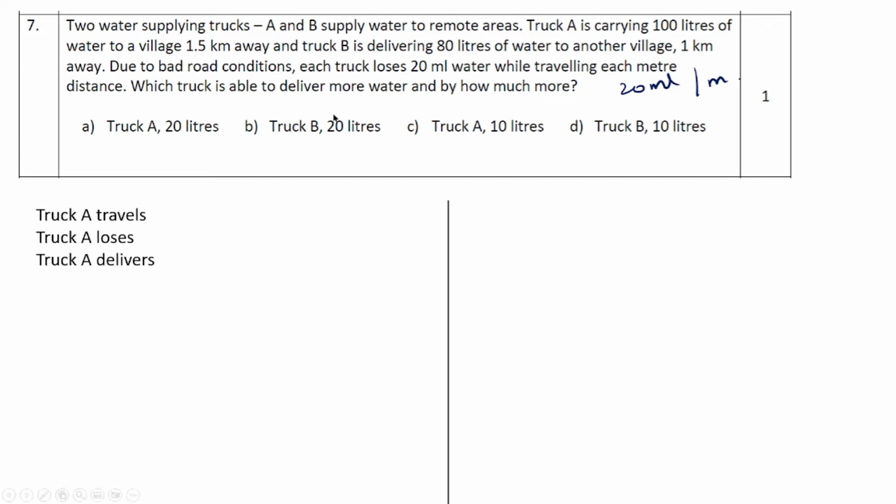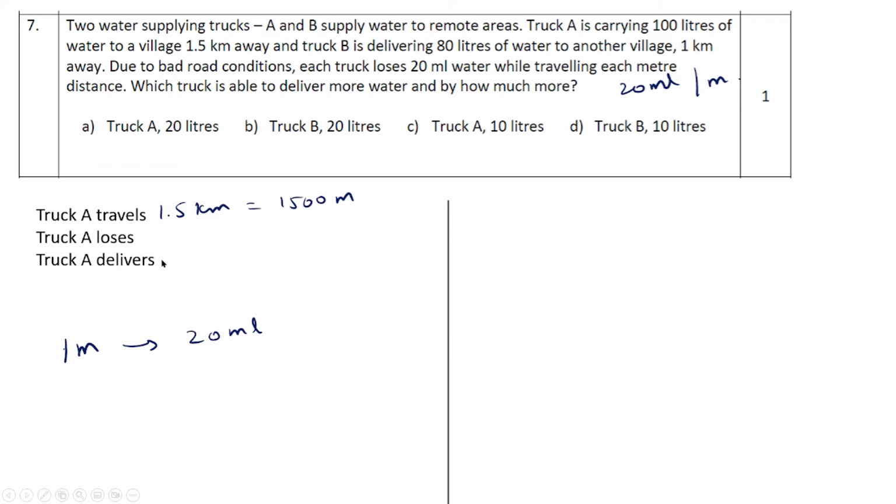So first let us find for truck A. Here truck A travels 1.5 kilometer. If we convert into meters, it is 1500 meters. And for 1 meter each truck loses 20 ml.